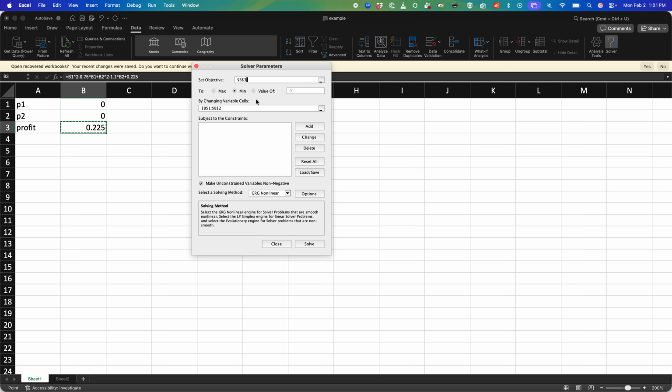It says set objective, and for my objective function, I'm just going to reference the specific cell where I've defined it, which is B3. Then you can choose whether you're minimizing or maximizing.